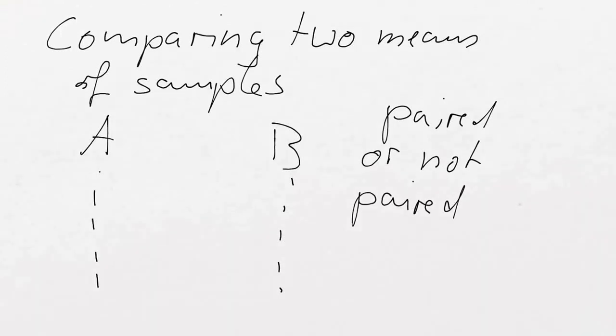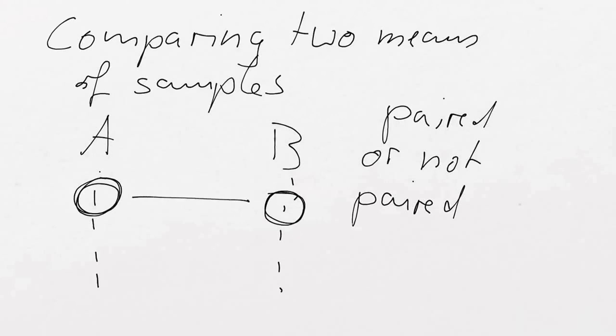Because this has a major impact on the kind of test that we are going to do. Paired means basically we look at one sample, at one datum, before something happened to it and after it happened to it.